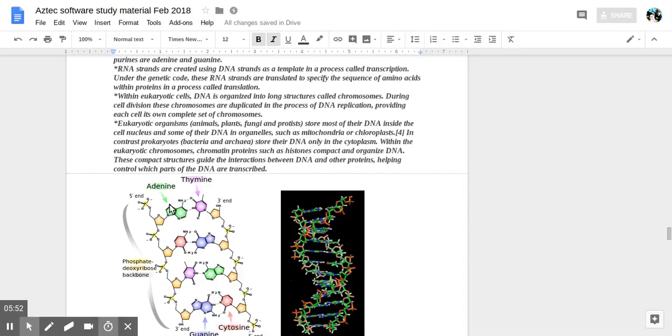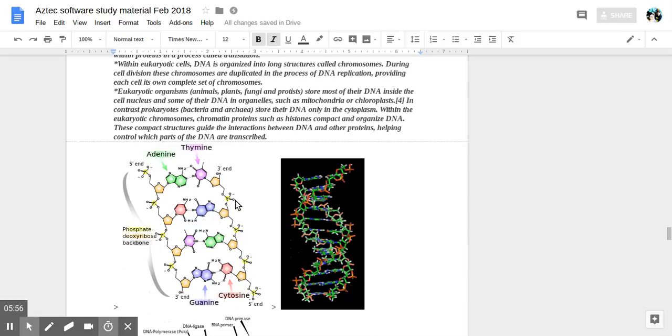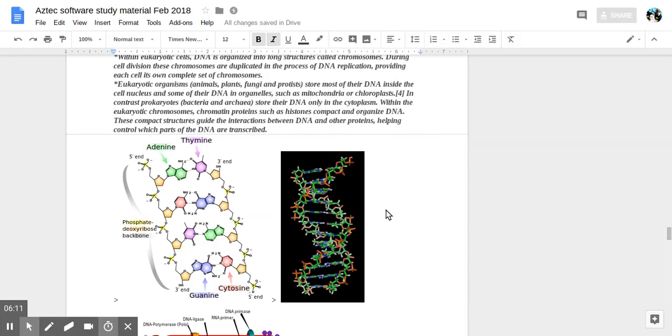Within eukaryotic cells, DNA is organized into long structures, the chromosomes. During cell division, the chromosomes are duplicated in DNA replication. Each cell has to have its own complete set of chromosomes, and this is what the replication is for.